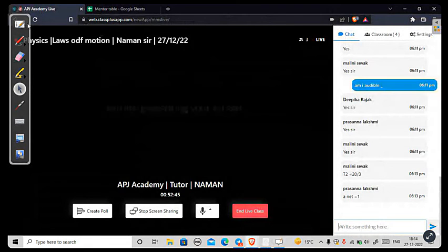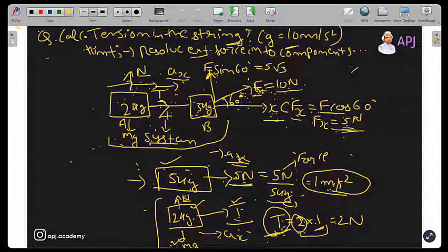Okay, answers have started to come. Deepika, why are you not trying, beta? At least try. The answer may be wrong, max to max, what else will happen? Just don't stop trying out of fear that the answer may be wrong.